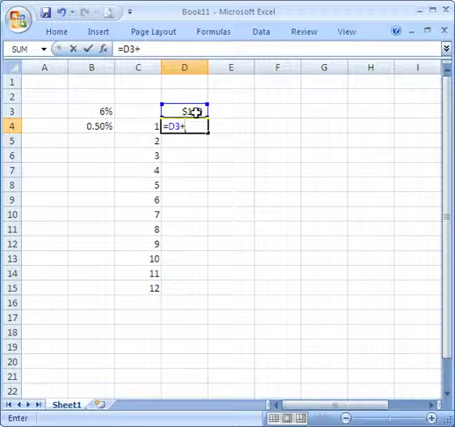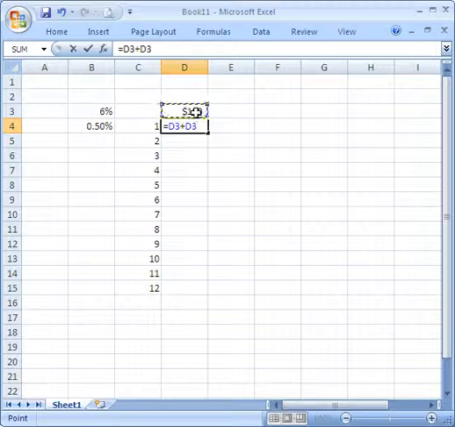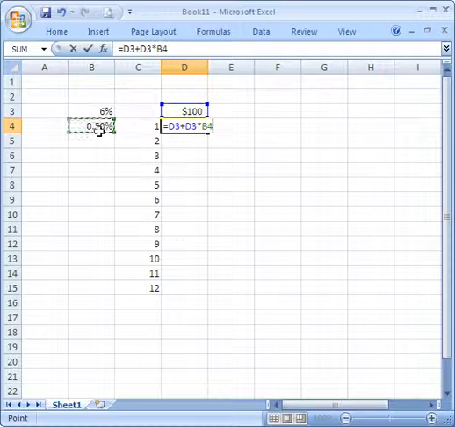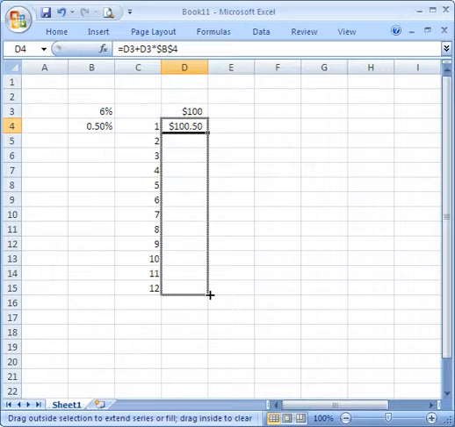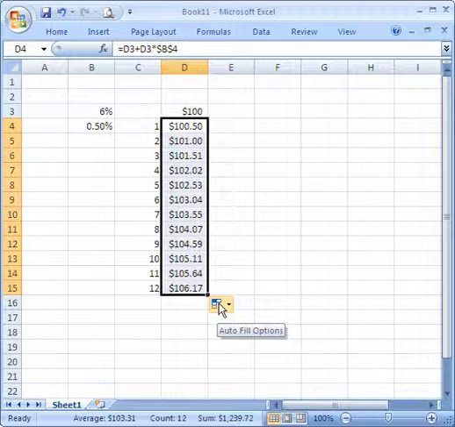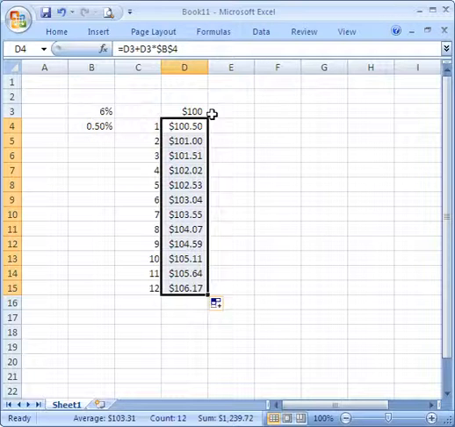After 1 year, it'll be 100 plus the additional 0.5%. Since we'll be dragging, we use absolute addressing. At the end of 12 months, it'll be $106.17.